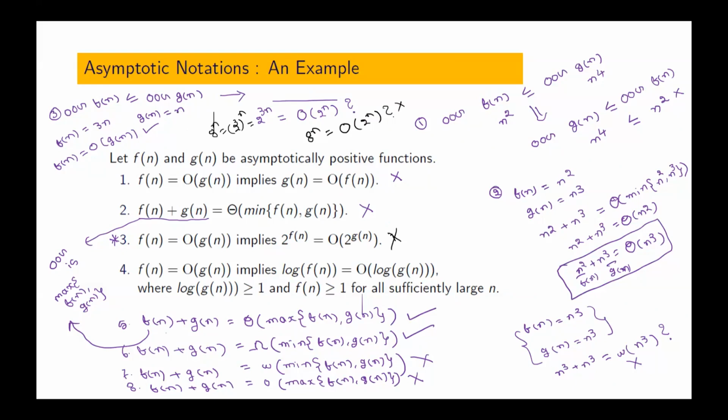Now, what about the fourth one? f of n is big O of g of n implies log of f of n is big O of log of g of n.